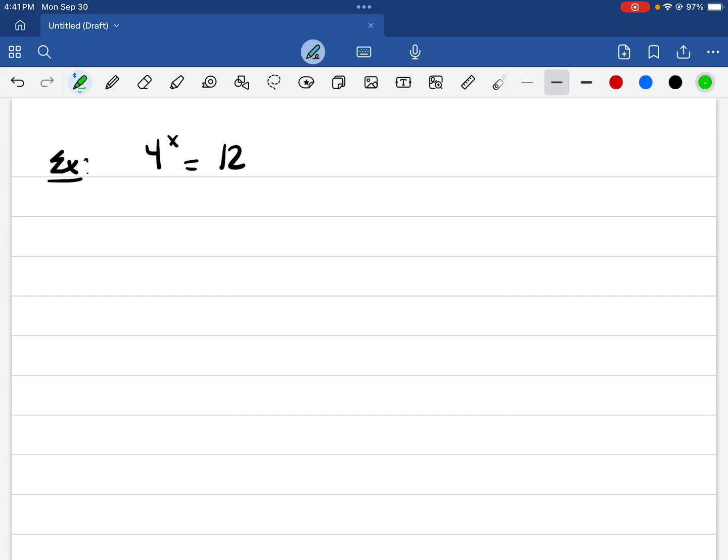We can take this exponential, change it to log form, and solve it that way. So we start at our base, we go to 12, and then to x. So that would be log, we started at 4, our base, then we went to 12, and then we landed on x, so that's what we're equal to.